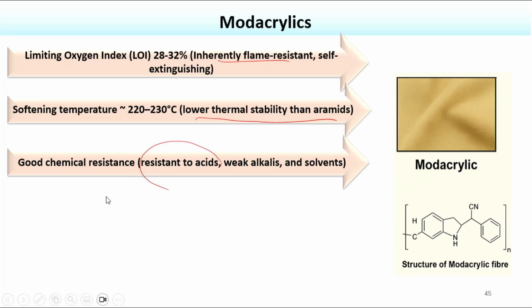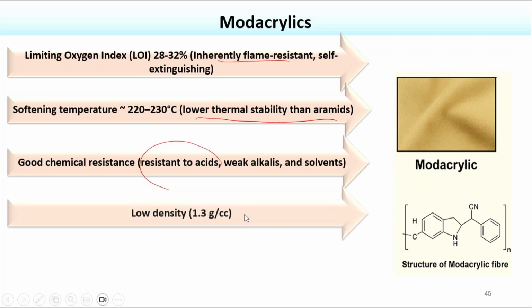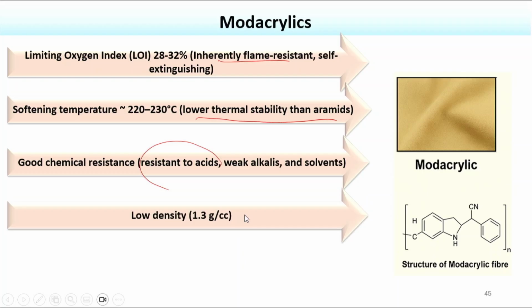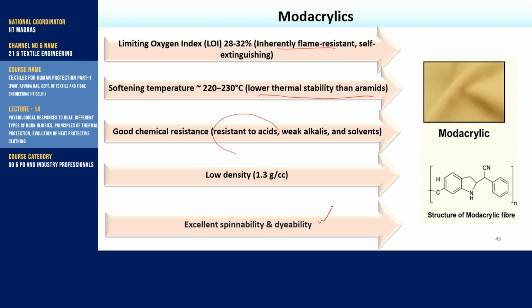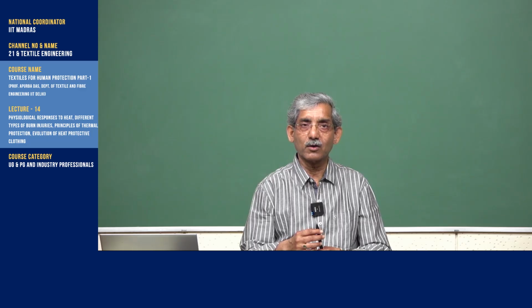So, we can use the modacrylic accordingly, and its density is low, 1.3 gram per cc, and excellent spinability and dyeability. So, modacrylic is also used in case of high performance fabric, even different protective clothing we use modacrylic.